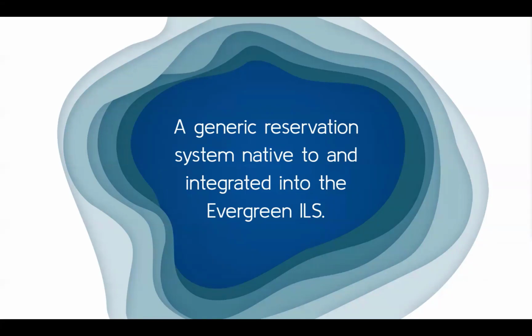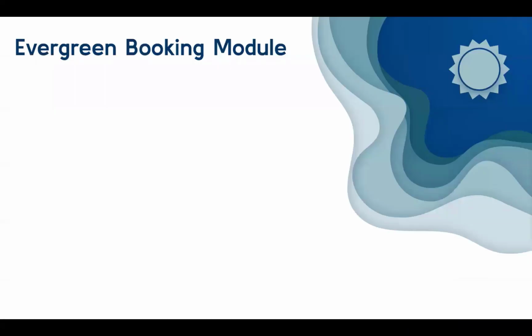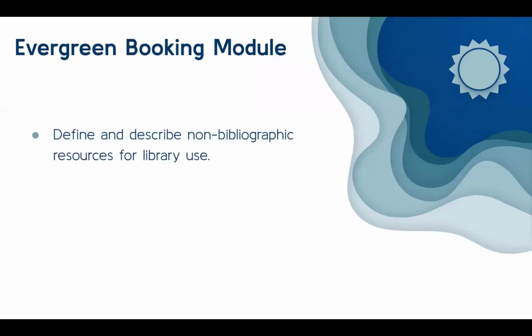Very verbosely put, it is a generic reservation system that's native to and integrated into the Evergreen ILS. The booking module allows you to define and describe non-bibliographic resources in such a way that they can be reserved by library users.